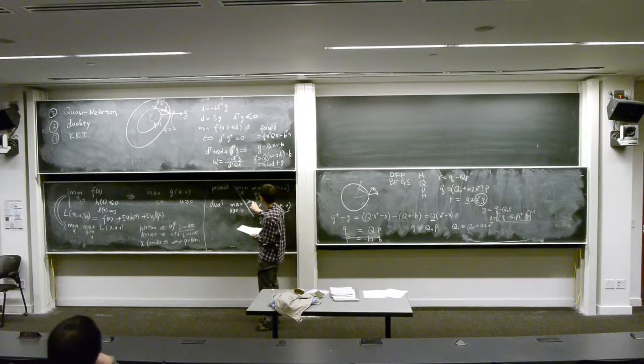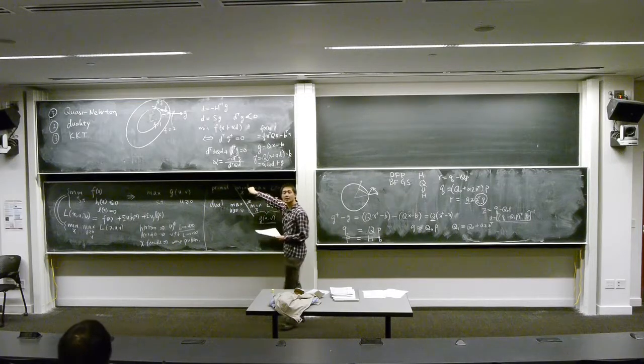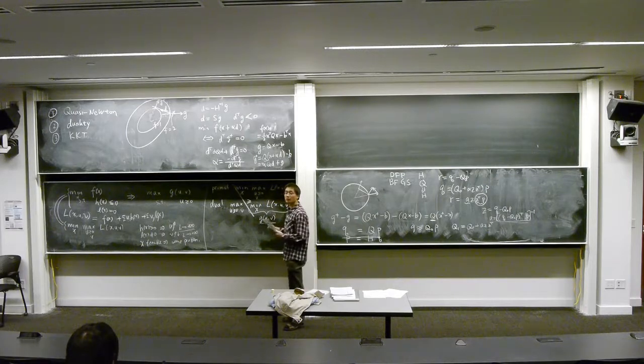And this is true for any u, v here. So the max over any u, v doesn't change the fact that this one is smaller than the first one. This is how you look at min max. If you swap them, this swapping will enforce an order, and this order is revealed in this way.